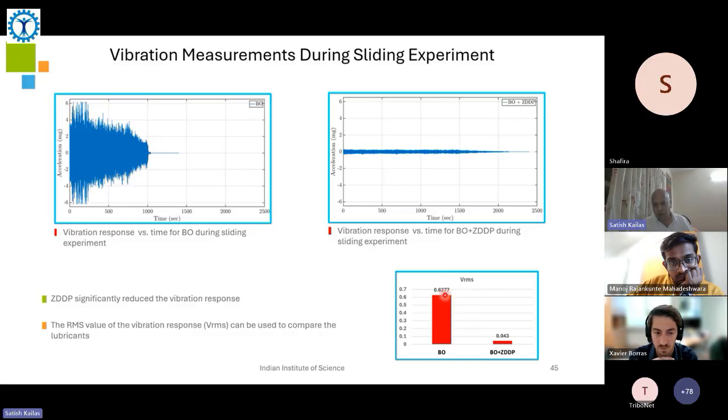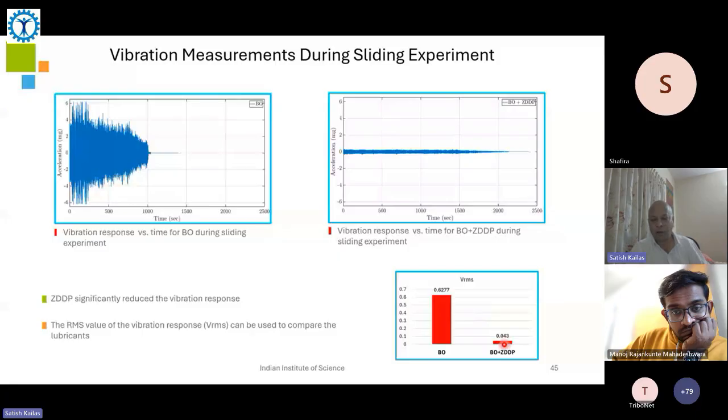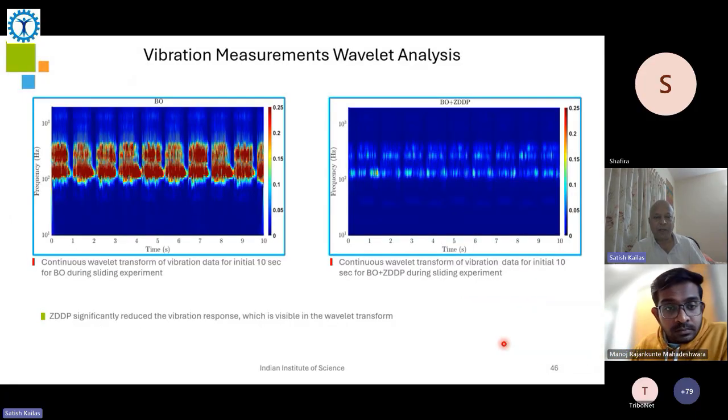From 0.62 VRMS, it has gone down to 0.043, which is more than an order of magnitude difference between those two. So with the vibration analysis too, we can see that there is a huge change, and we can also see at what point these things happen.